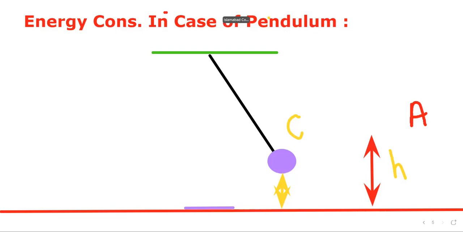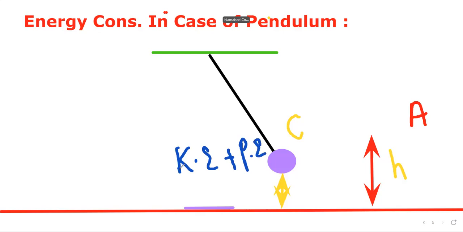Now we know that as per the law of conservation of energy, energy can neither be created nor destroyed, and we can see some of its potential energy is decreased. So that decreased amount of energy is converted into kinetic energy of this pendulum, and the pendulum is in a state of motion.